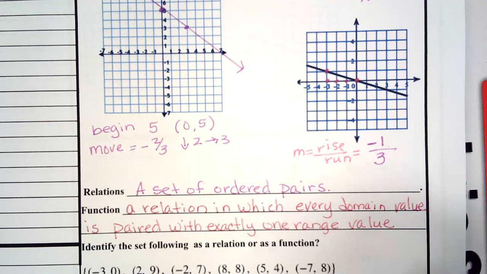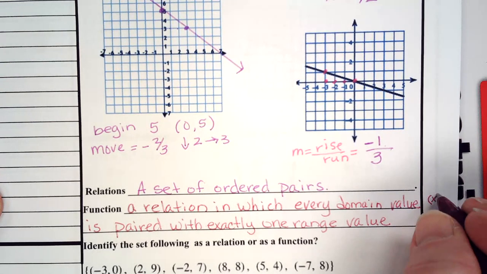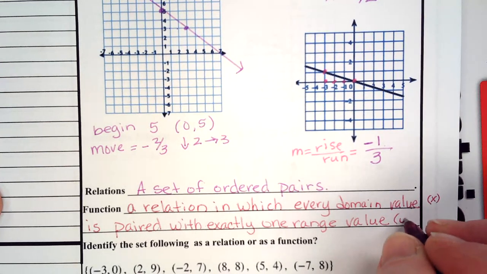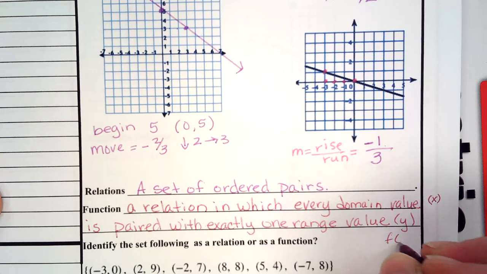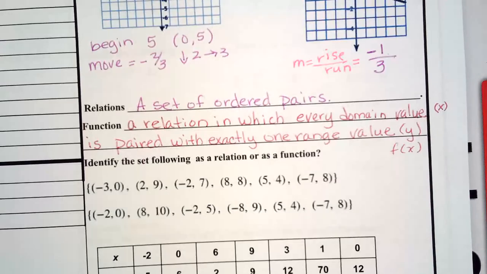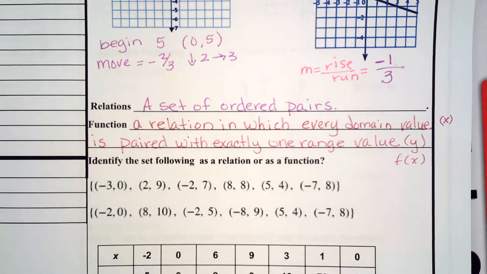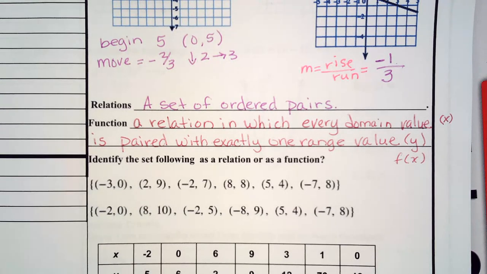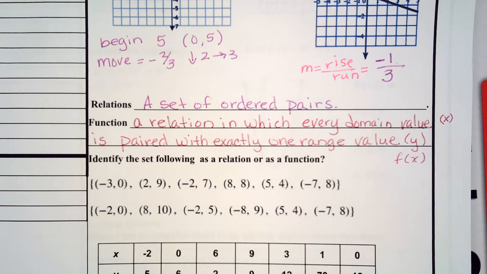Your domain values are usually your x's. Your range value is usually your y or your f of x. So when we get ready to identify which are relations or a function, which values do we need to look at to make sure they do not repeat?